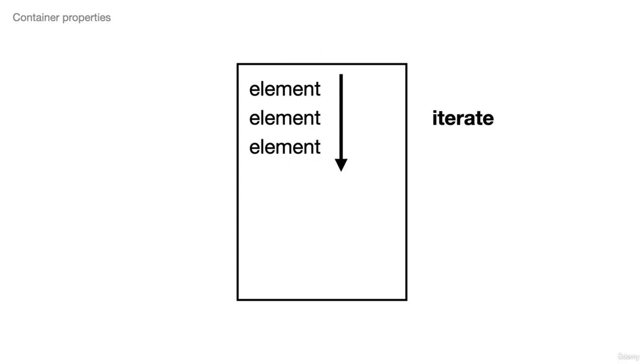Looping over the items is called iterating or iterate. Some containers in this course also allow accessing specific elements. For example, accessing the second element directly without having to go through the list from the top. Most containers allow you to add and remove elements, and some containers are read-only.